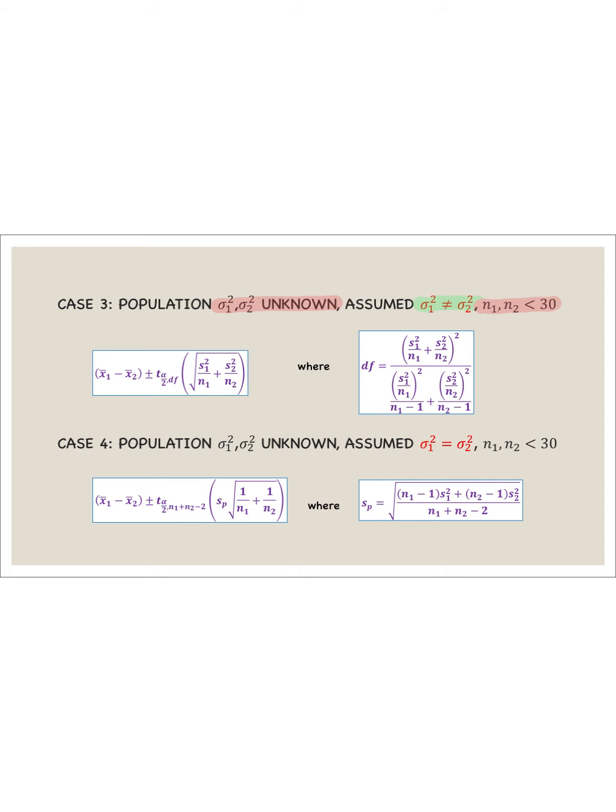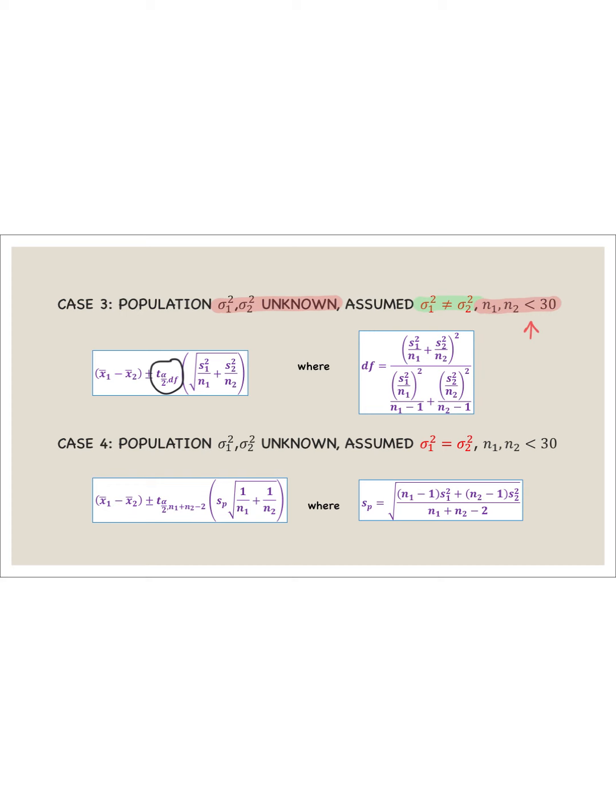So why do we use t here? Because of this, we have a small sample size. The first two cases we use Z, because in case number 1 we know the population variance or population standard deviation, and in case number 2 we have large sample sizes, n1 and n2 greater than 30.